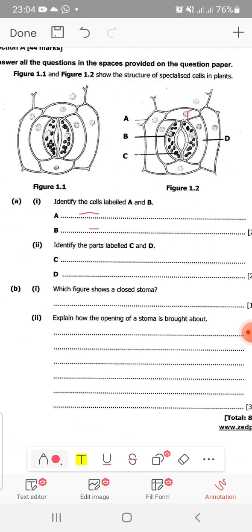These round grayish things are the nuclei of these cells. Then D is the cytoplasm. The nucleus is found inside the cytoplasm.